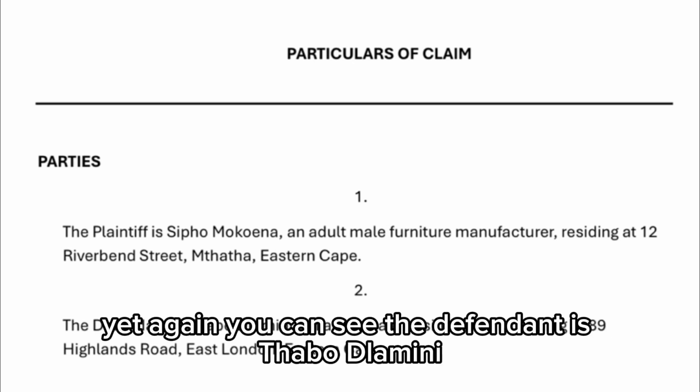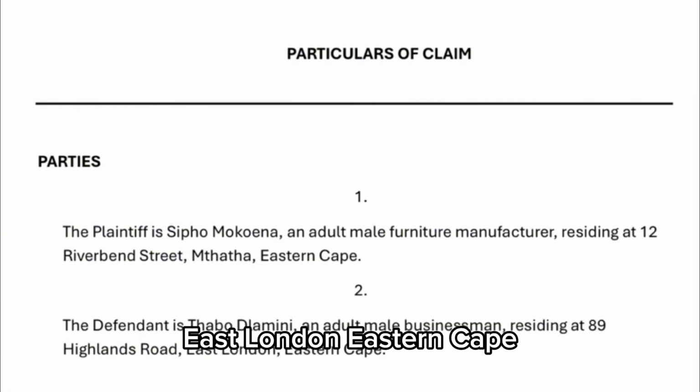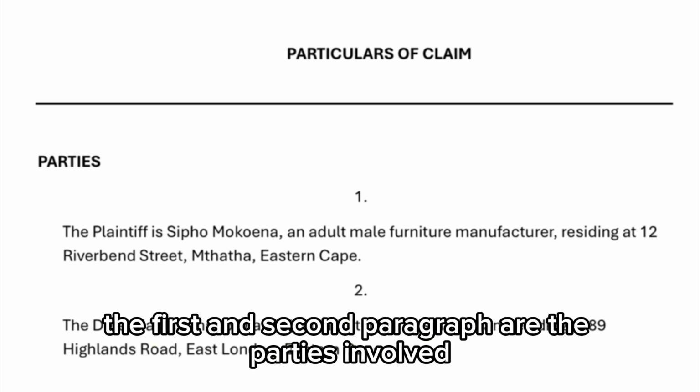Yet again, you can see the defendant is Thabo Dlamini, an adult male businessman residing at 89 Highland Road, East London, Eastern Cape. This is always the case when it comes to particulars of claim. The first and second paragraph are the parties involved.